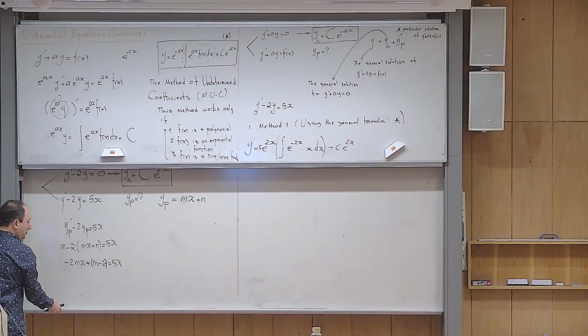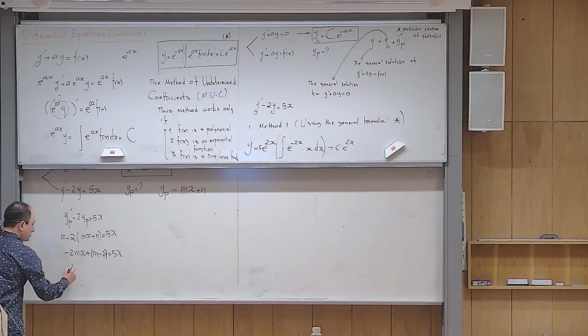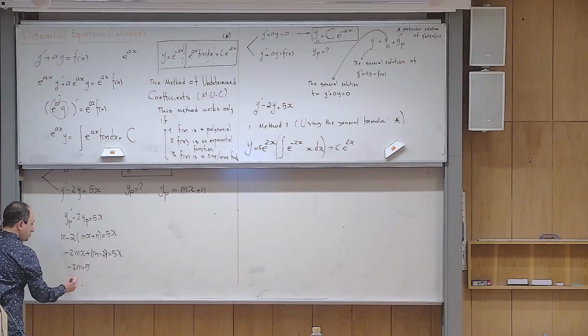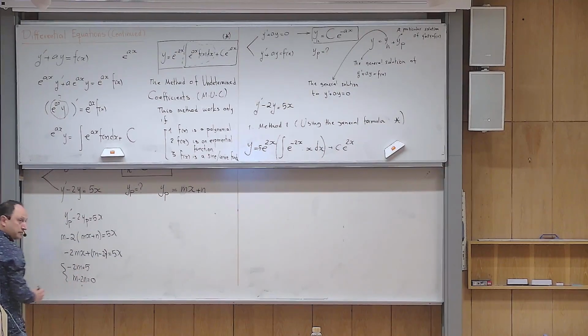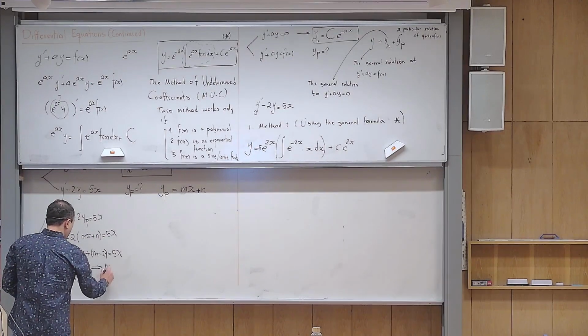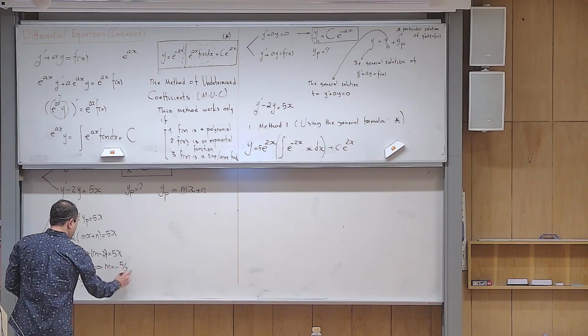Of course, one possibility is to choose minus 2m to be 5, so that this becomes exactly this, and choose n in a way that this becomes 0, yes? So if I can find m and n in this way, then I am done. And it is possible. Because, for example, m is minus 5 over 2.